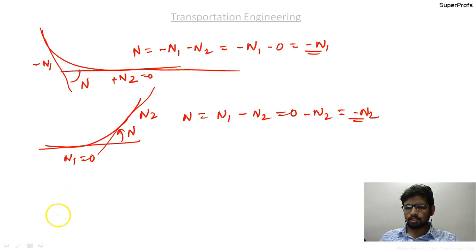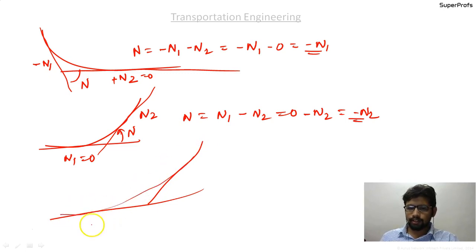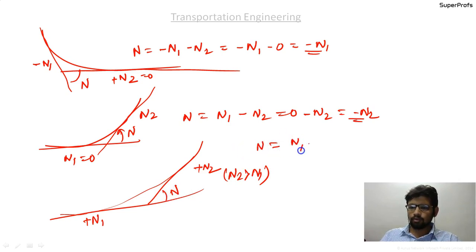So the next type will be like this and like this. Now I am not drawing the curve over here. So it is positive one, so plus n1, and here it will be plus n2, and n2 is greater than n1. So the deflection angle n is equal to n1 minus n2.